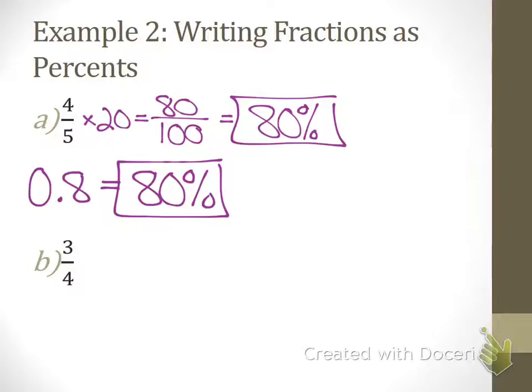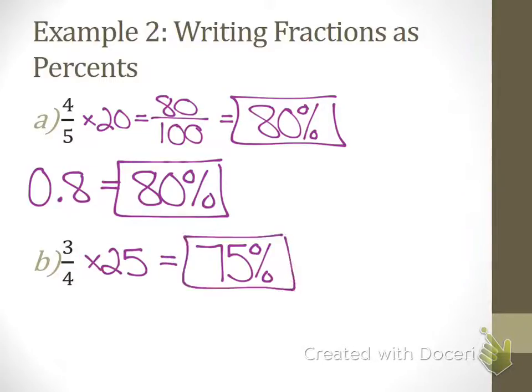All right, so go ahead and change 3/4 to a percent. Change 3/4 to a percent using either method. So I can multiply top and bottom by 25 to get 75%, or 0.75 equals 75% if I divide it.